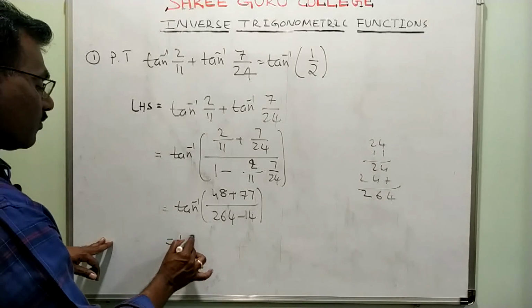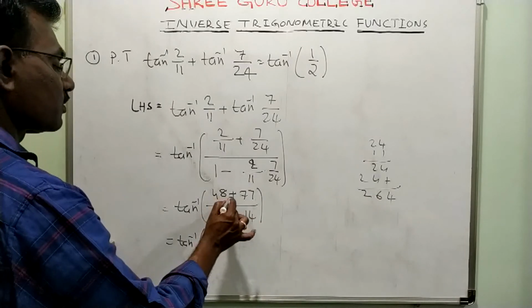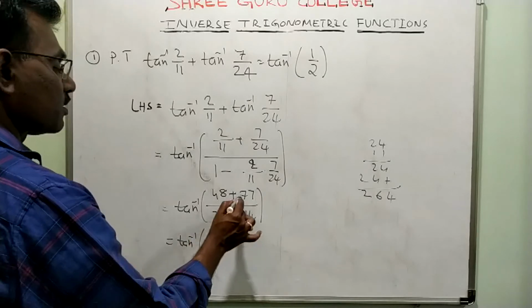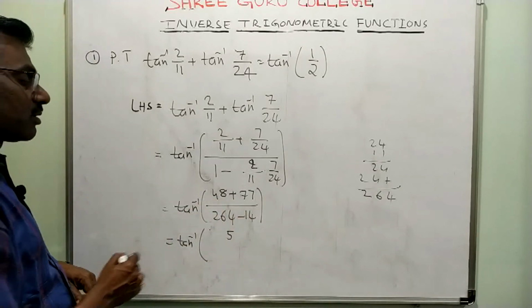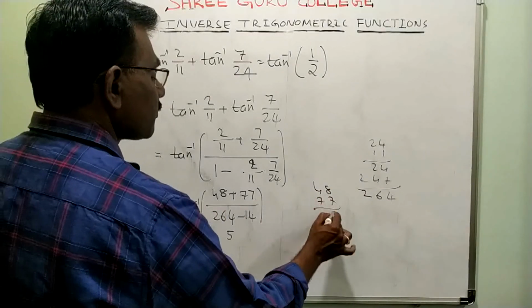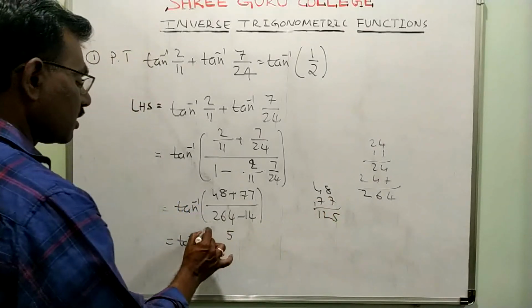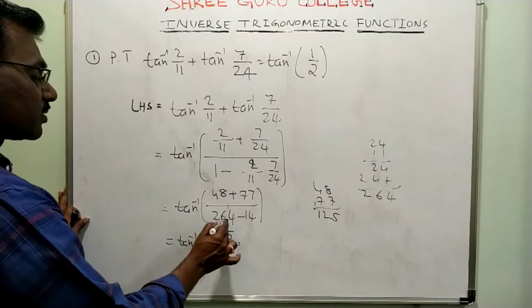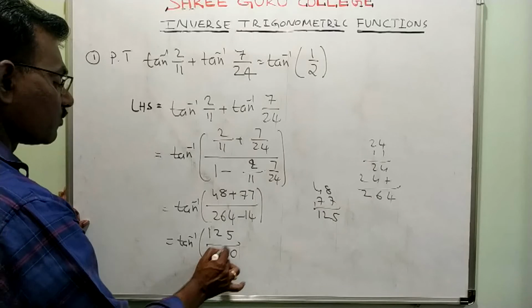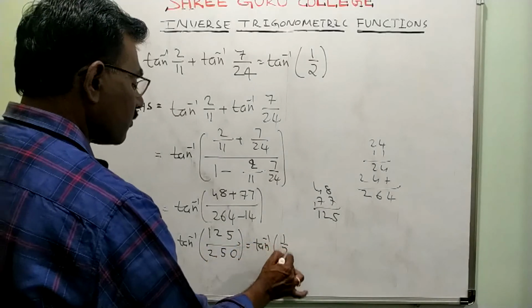Adding 48 and 77, it is 125, and 264 minus 14 is 250. So tan inverse of 125 by 250, which is tan inverse of 1 by 2.